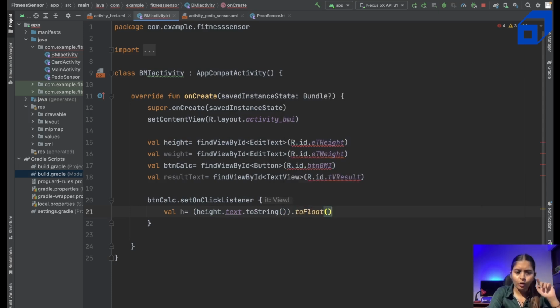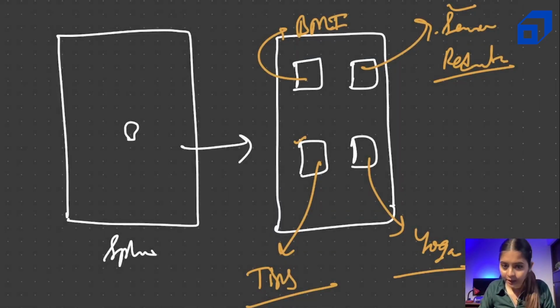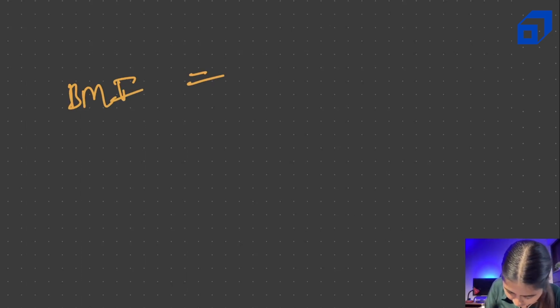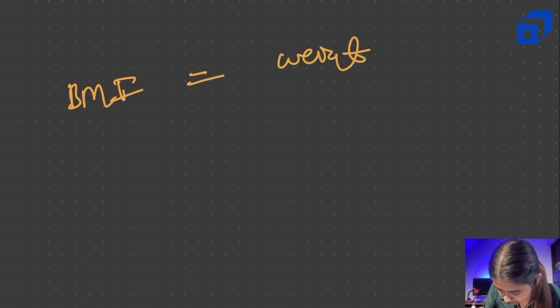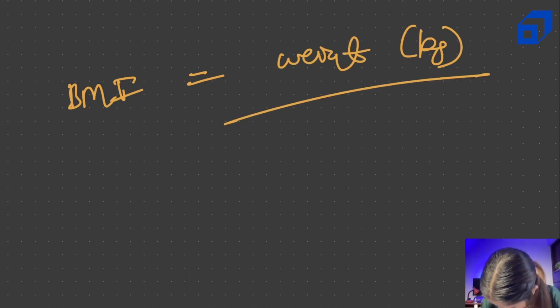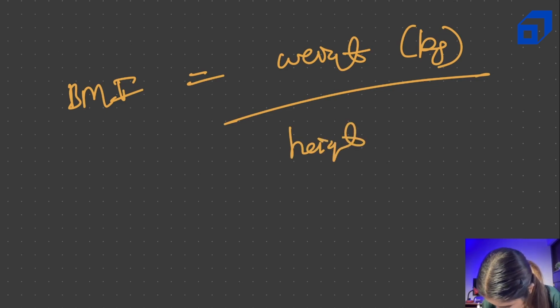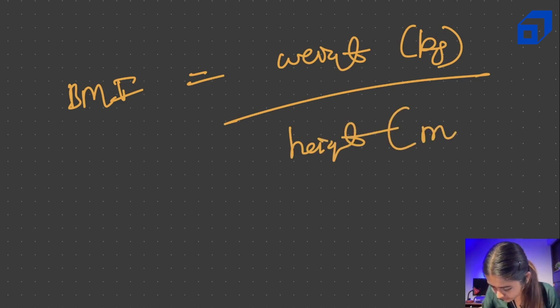And one more quick thing, let me show you on iPad so that you don't feel that I'm missing something. So the formula to calculate BMI is, BMI is equal to weight in kgs divided by height in meters, height square actually in meters.